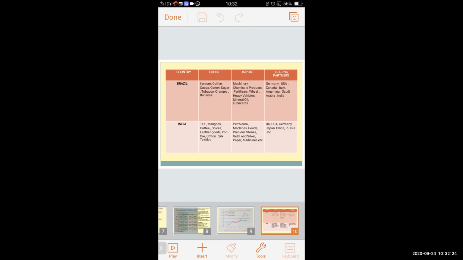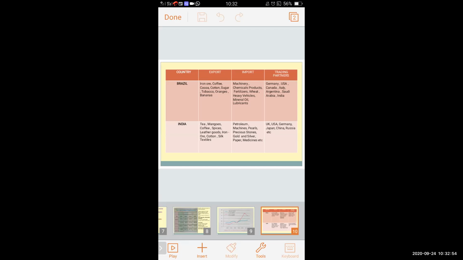India exports tea, mangoes, coffee, spices, leather goods, iron ore, cotton, silk, textile, and imports petroleum, machines, pearls, precious stones, gold and silver, paper, medicine. And the trading partners are UK, USA, Germany, Japan, China, Russia.